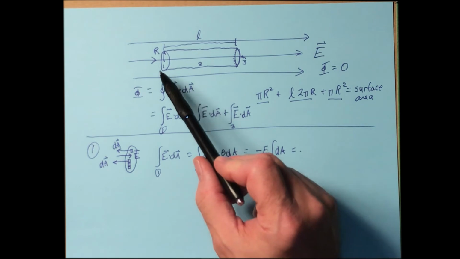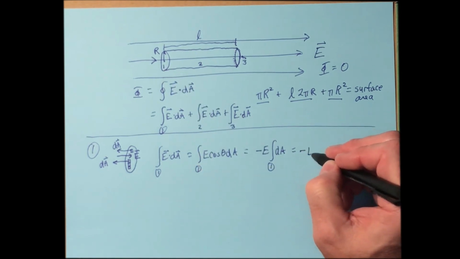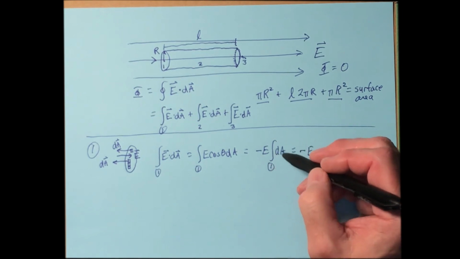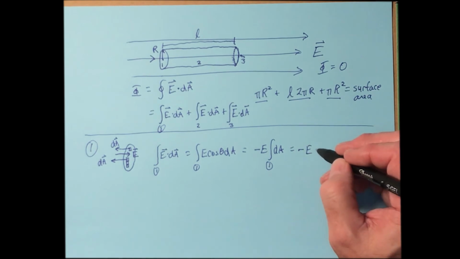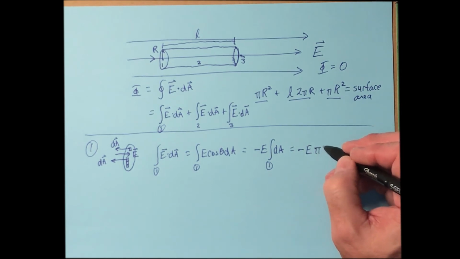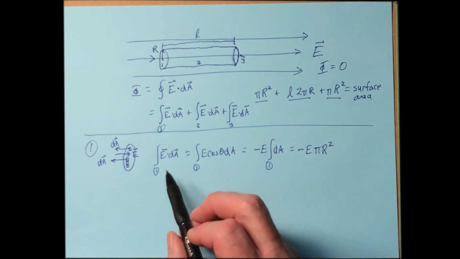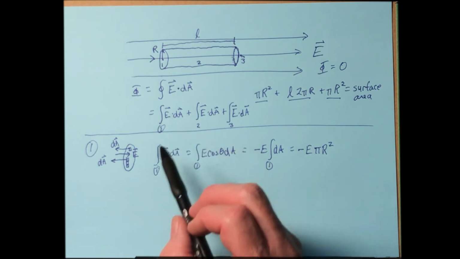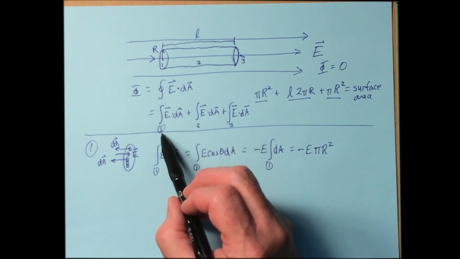Since that area is a nice circle, then you can just write minus E, and we'll jump straight to the solution here. This isn't a math class, so you don't have to go about evaluating that integral. It's just pi big R squared. When we get to this point here, we have evaluated that whole portion right there, the first portion over area 1.